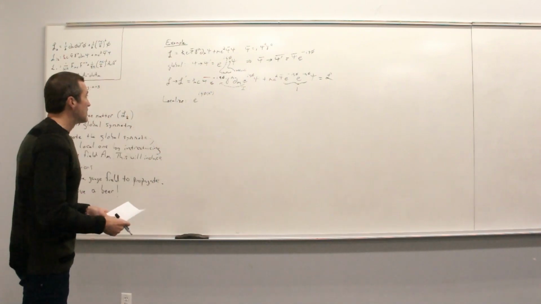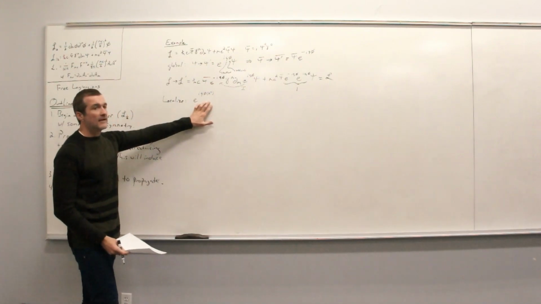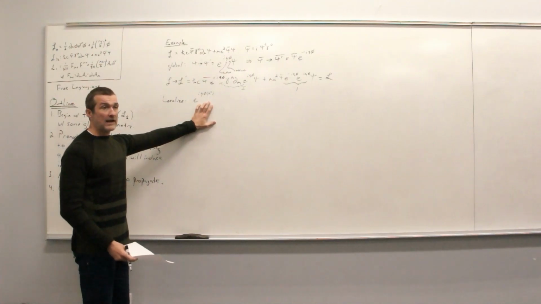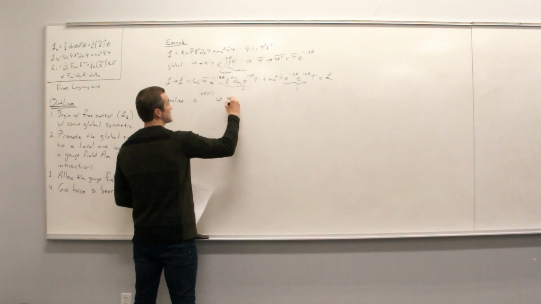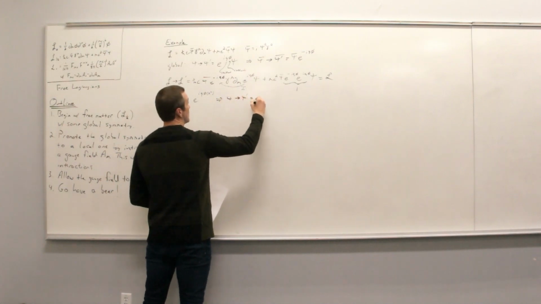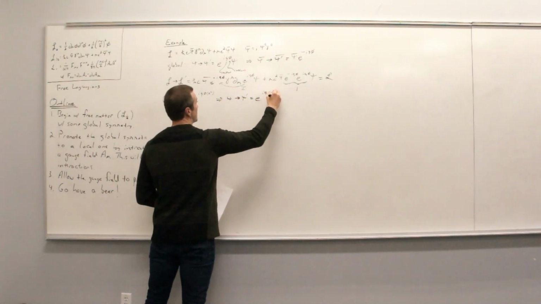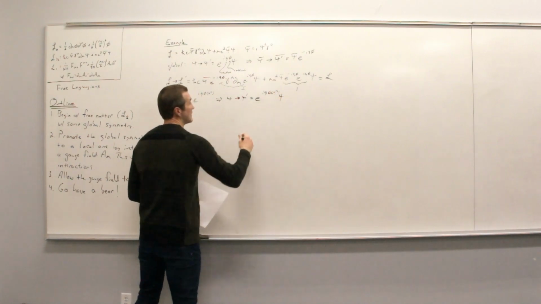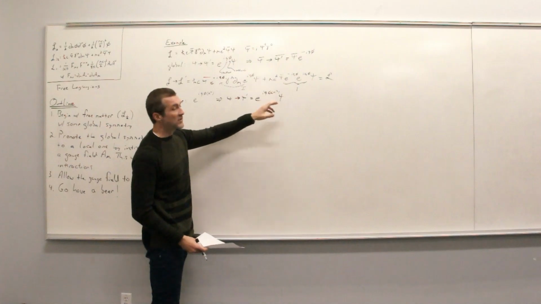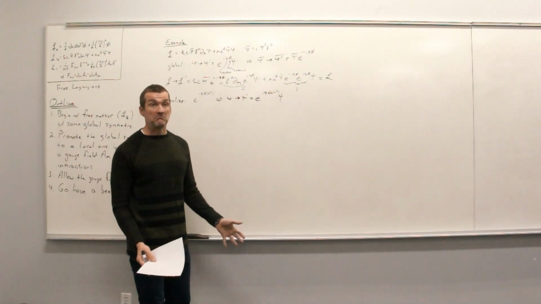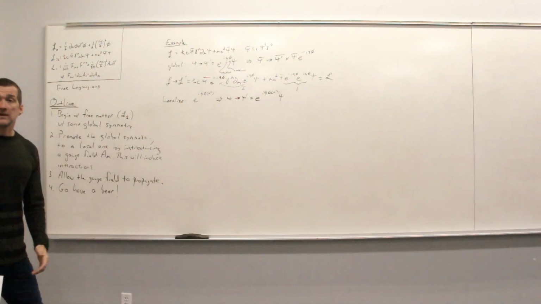All right. But does everybody understand that this is a local transformation? Psi now goes to psi prime, which is e to the iq phi of x mu times psi. So I'm multiplying psi by numbers which differ depending on where I am. That's the freedom of a local transformation.